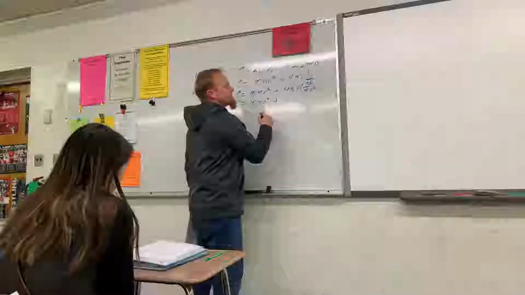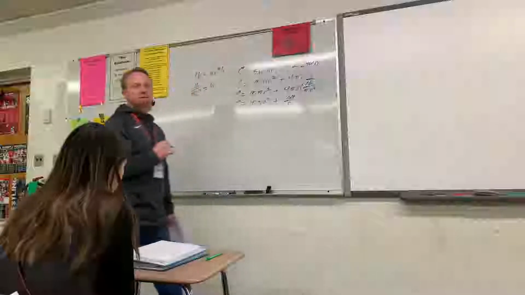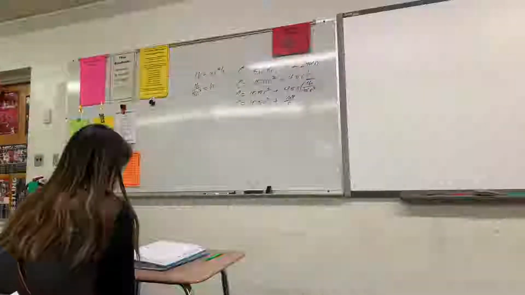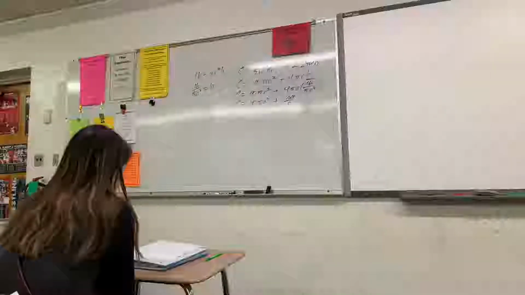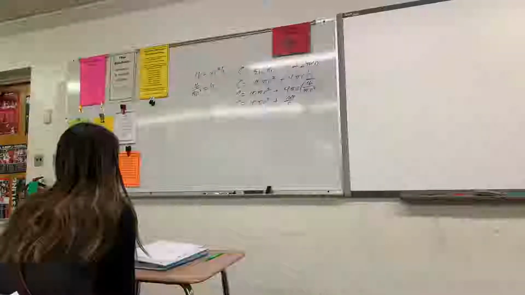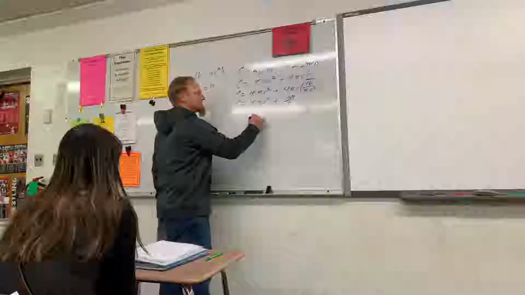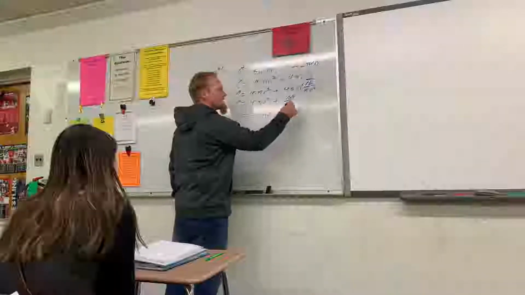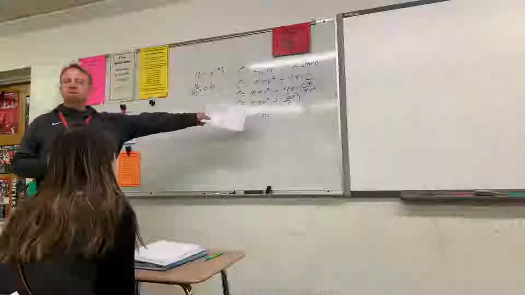The pi's cancel, one of the r's cancels, leaves me with 64 over r. What's next? You take the derivative. Good. So I'm going to get 20 pi r, and I hope we're getting good and really efficient at taking the derivative of something that looks like that.